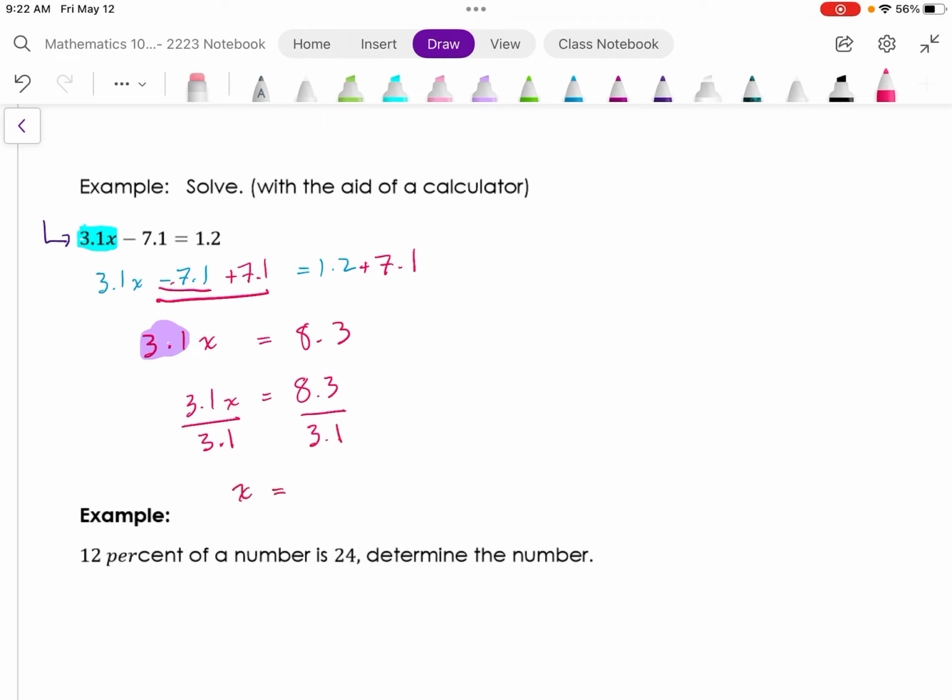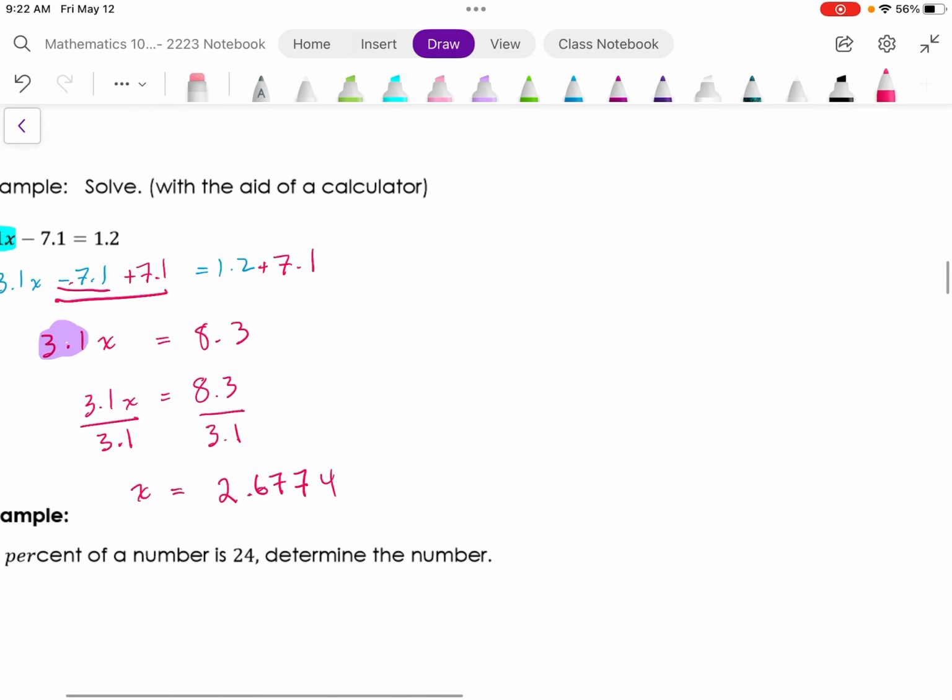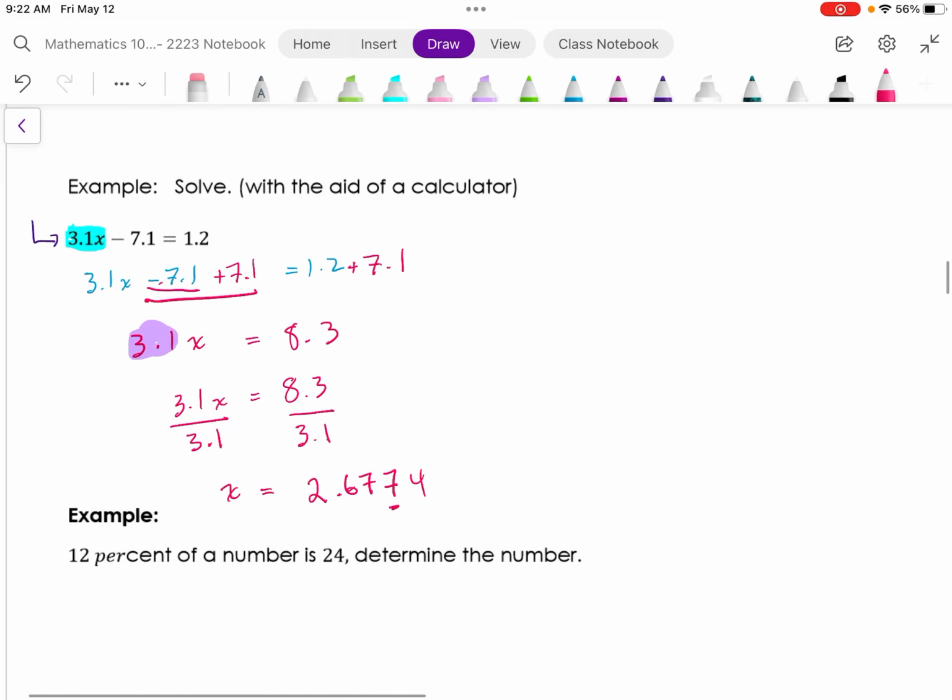Sorry, did I say opposite? See, it creeps in. The inverse. And that is dividing by 3.1. And the answer that I get is 2.6774. Now, I'm going to round to 3 decimal places here. So I'm just going to leave it as x is equal to 2.677.